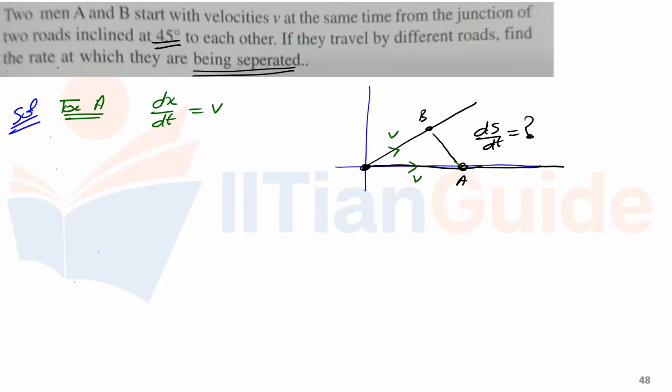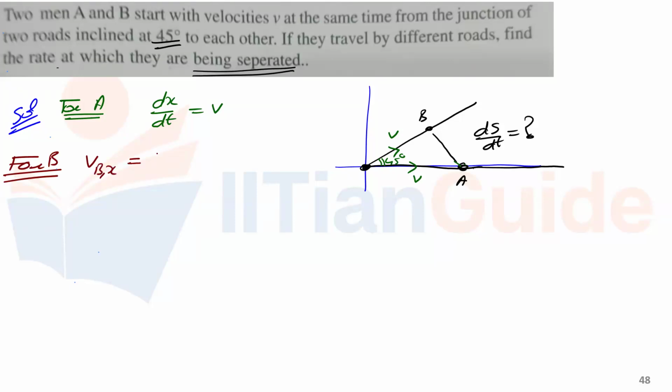But person B is moving with a velocity v at a 45 degree angle. So I am writing the x component for B. Doing it using physics will be easy. For B, the velocity of person B along the x axis is v by root 2.